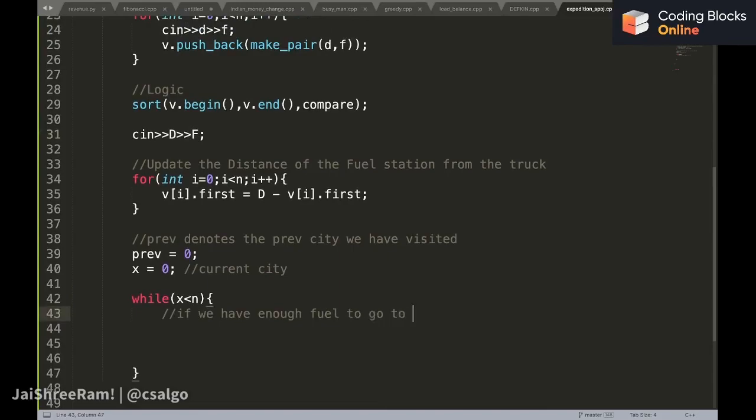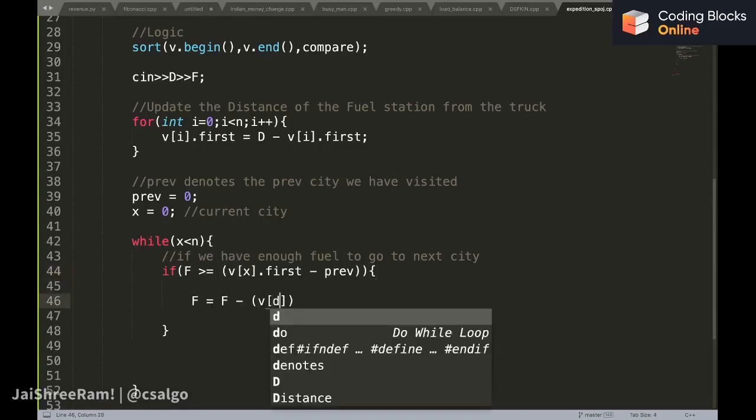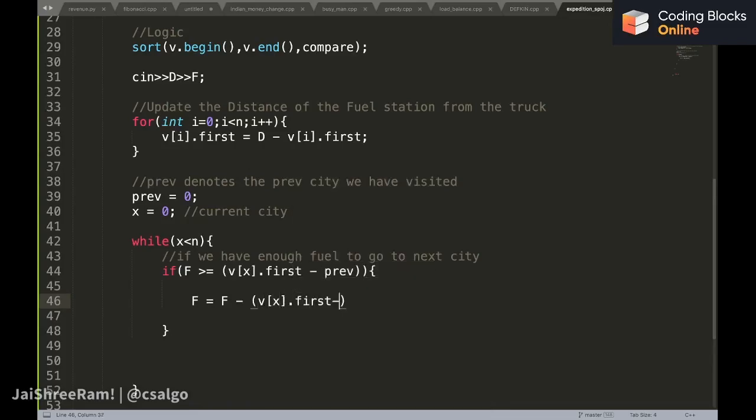So I can say if F is greater than or equal to whatever is the next city, that is v of x dot first, the location of the next city, minus my previous location, that is 0. If I have this much fuel, I will go to this location and reduce the capacity of the truck by this amount. So I can say F equals F minus this particular value, v of x dot first minus previous.